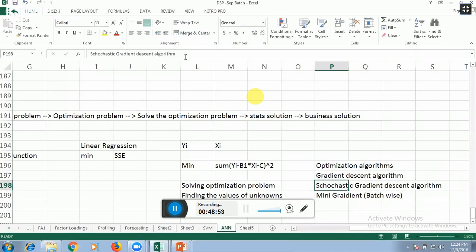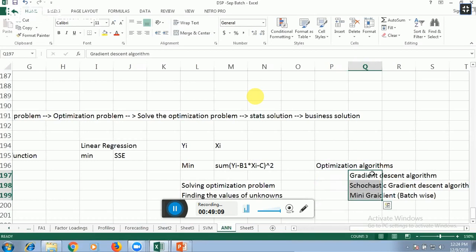This is called observation-wise. These are the three variations of the algorithm, but there are so many algorithms. But from our data science perspective, we will use gradient descent, stochastic gradient descent, or mini-batch gradient descent. So these are the different variations of gradient descent.